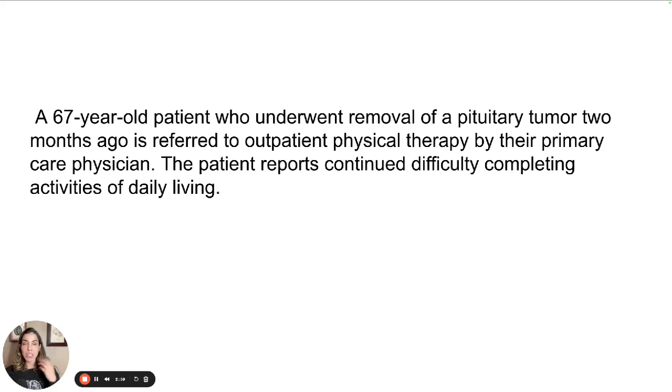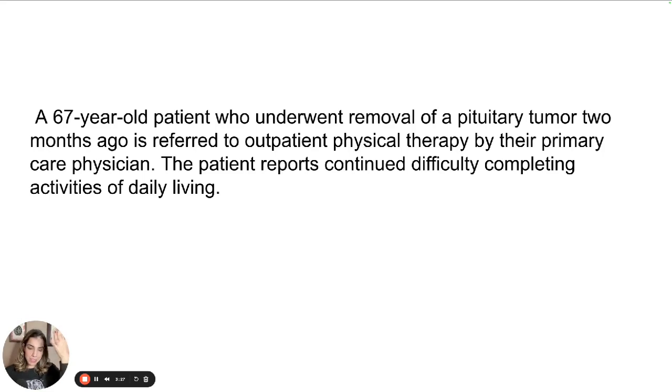Some people say that before you look at the answers, you should try to answer the question. Because a long time ago, I think when I was in PT school, someone told me that our brain will start formulating the right answer.